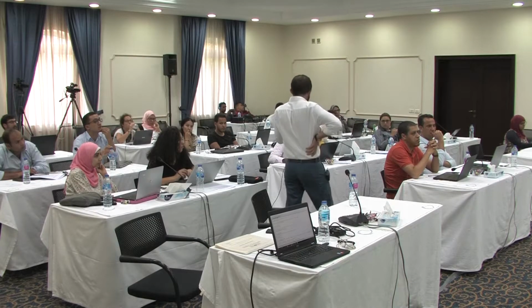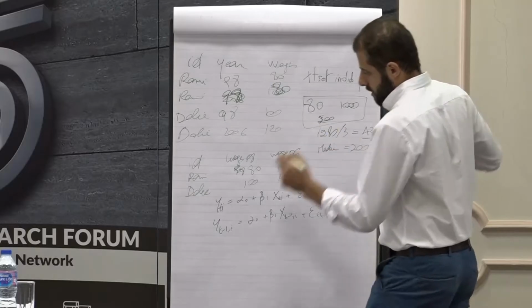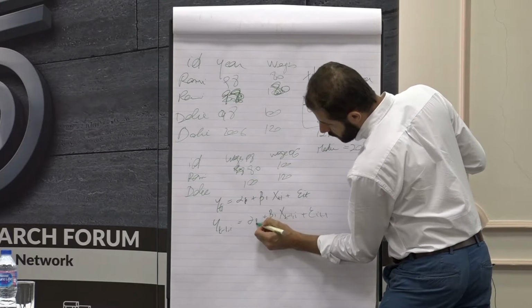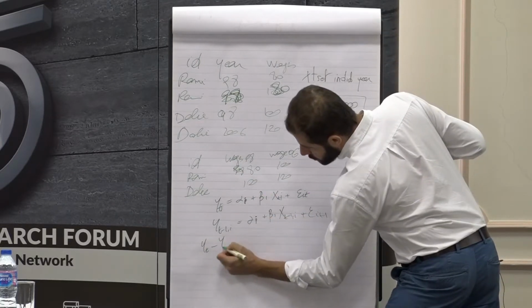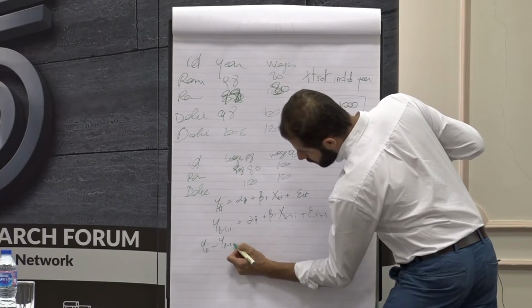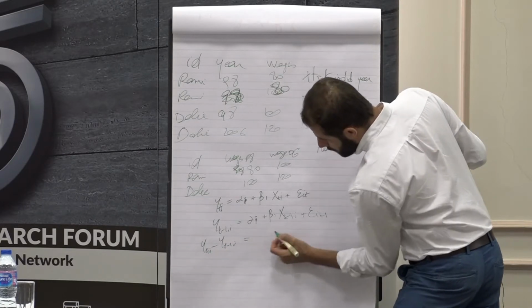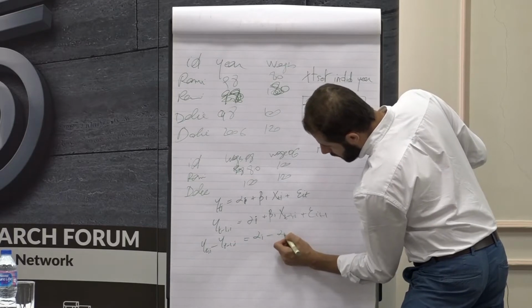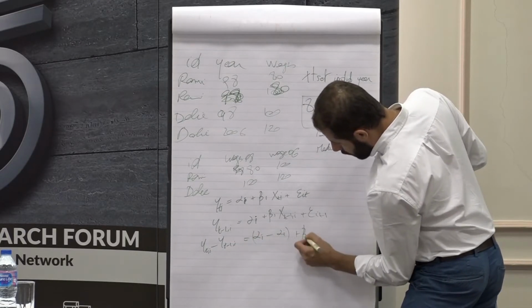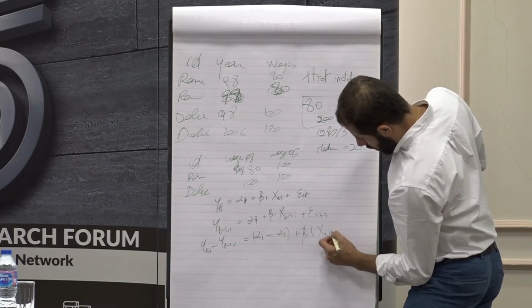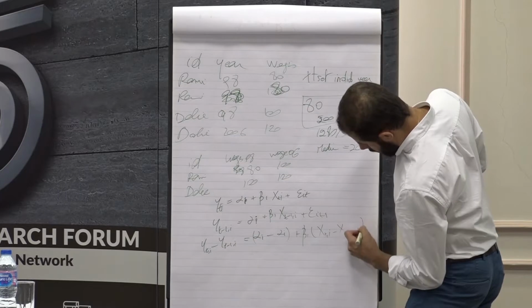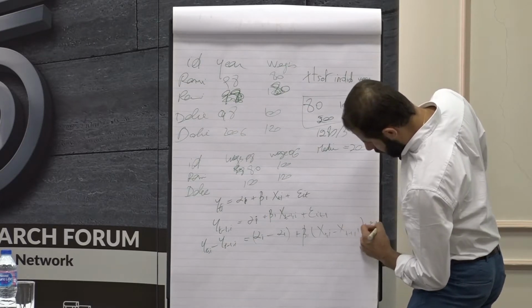So if I take the difference between these two equations, it will eliminate the fixed effect. If we assume that here the fixed effect is alpha_i, which changes by individual, then if I take the difference, I will have y_it minus y_i,t-1, which will be equal to alpha_i minus alpha_i plus beta 1 multiplied by x_it minus x_i,t-1 plus the difference in the error term as well.